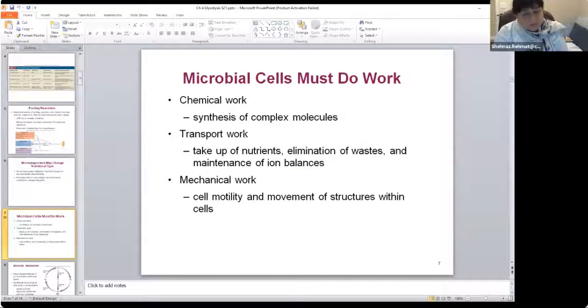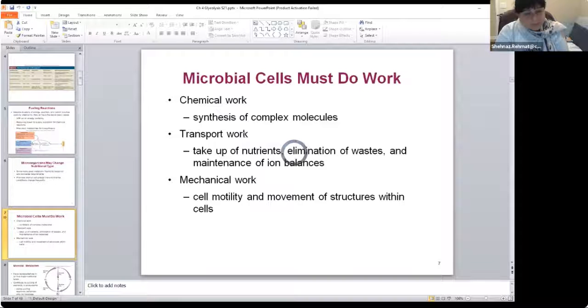and also some cells need mechanical work, where they are motile and they need to move.